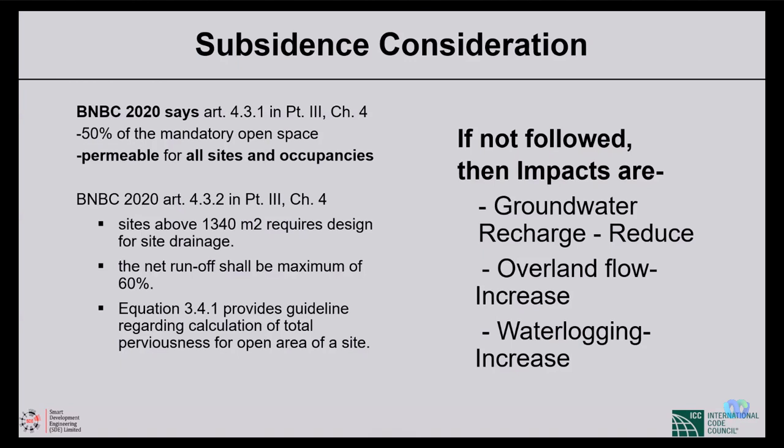And also, the 2020 code article 4.3.2 mentions that when the developed area is more than 1340 square kilometers, you have to look at the drainage patterns, the drainage system of that particular site. Very important. And there is the concept of zero discharge.